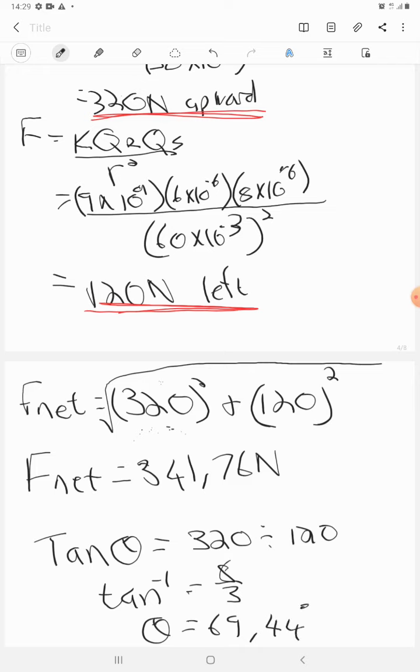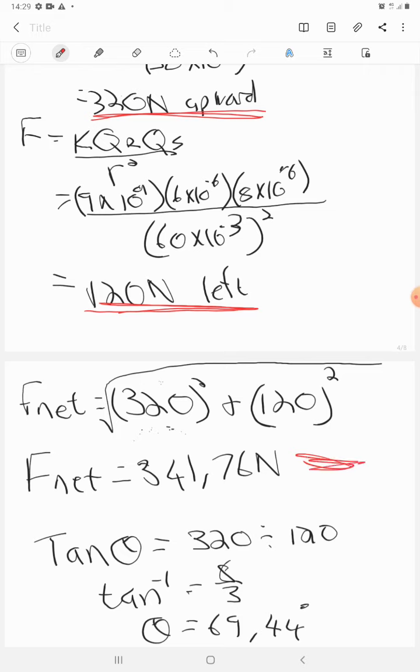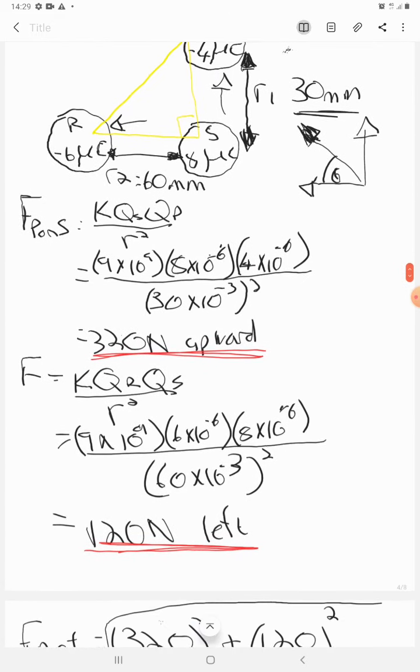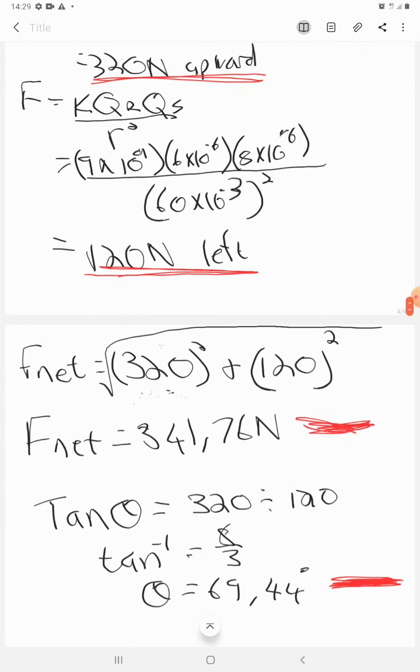So now not only do we have my net, we also know what angle of inclination it's going to be. It is at 69.44 degrees. And that is how we are going to do your 2D electrostatic force. All right. Thank you very much.